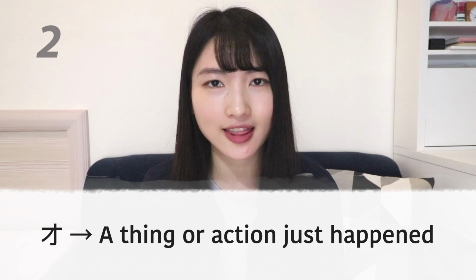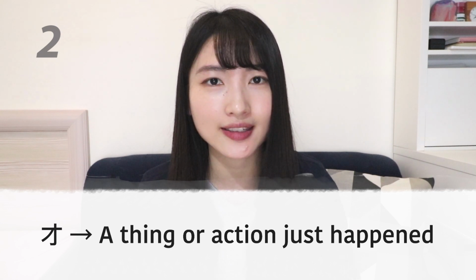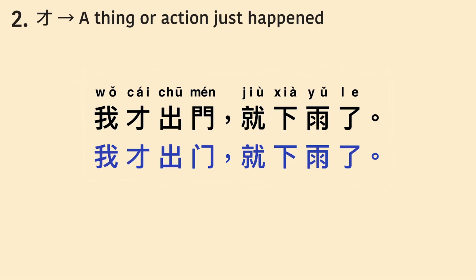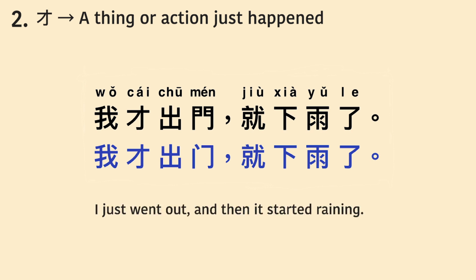The first usage is about expectation, and yes, I know it divides into many different ways to use it, but if you wrap your mind around that, it all shows that things are different than expected. But the next usage is that you can use 才 to mean that a thing or an action just happened. For example, 我才出门就下雨了. I just went out and then it started raining.